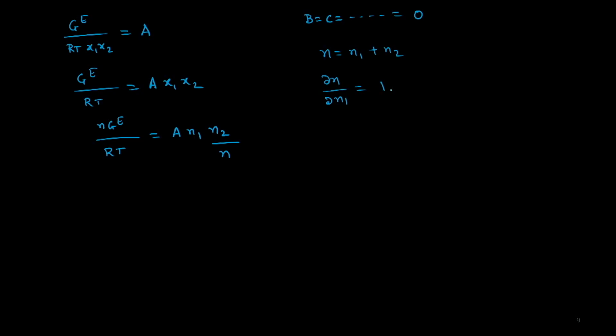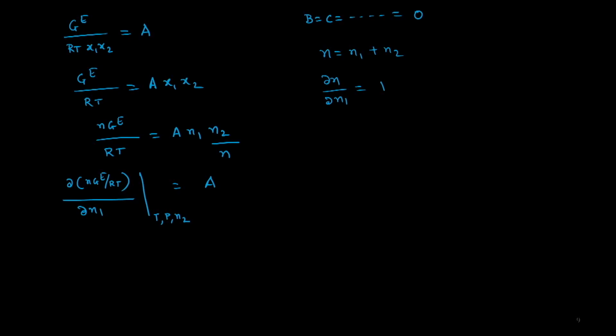Now, with that in mind, I'll take the derivative of N GE over RT with respect to N1 at constant temperature, pressure, and N2. If I do that, what I will get on this side is A, which is written only for a particular temperature and pressure.